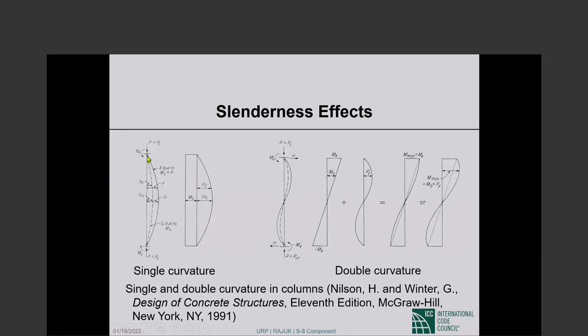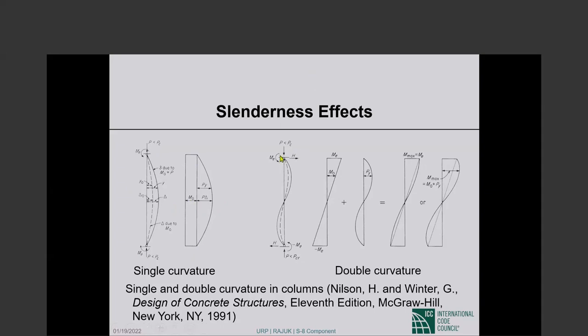The axial load acting on the column because of the deflected shape will give you additional deflections as shown by the solid lines and additional bending moments given by the solid lines. And you can see that the moment is magnified quite a bit. Okay, it is quite a bit larger because of second order effects.